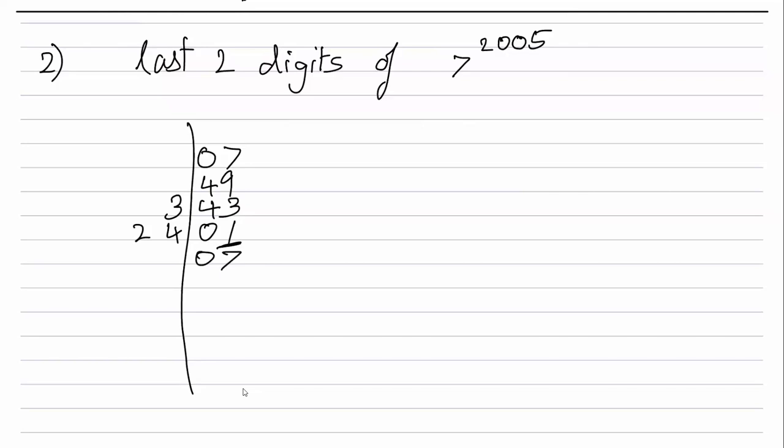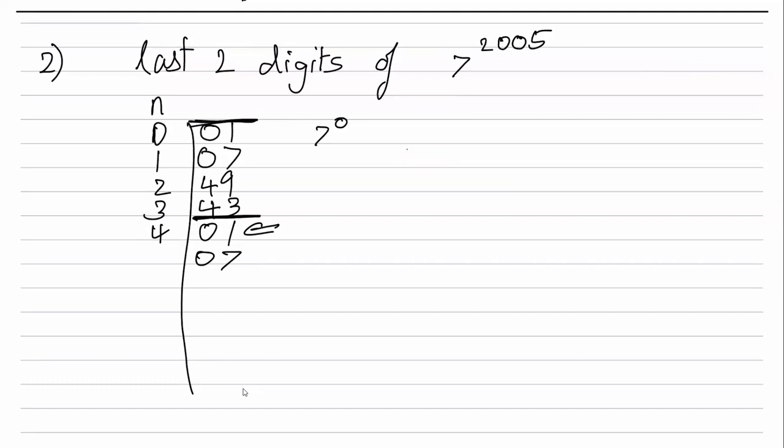Whenever you reach a periodicity somewhere and you reach the number 1 again, it is the same as 7 to the power 0, which is 01. So our periodicity starts with the number 0 and ends at number 3. If I write n over here, n equal to 0, 1, 2, 3, and back at 4, we are at 0.